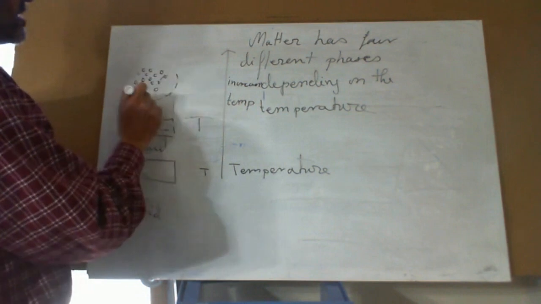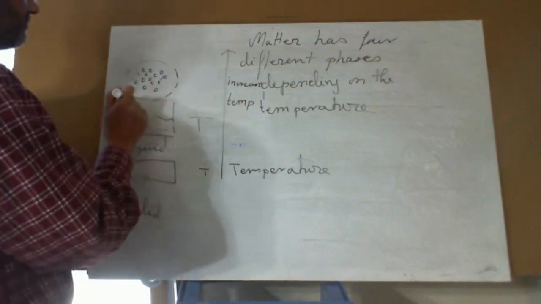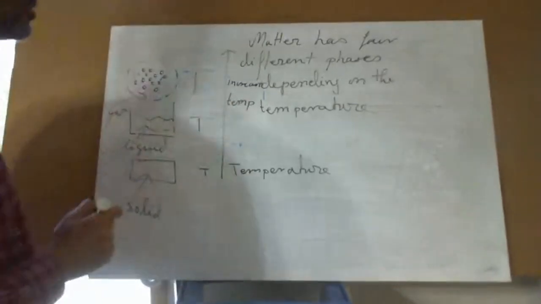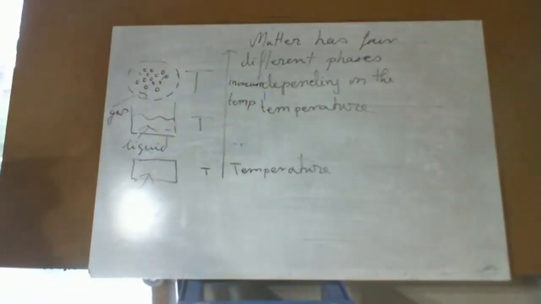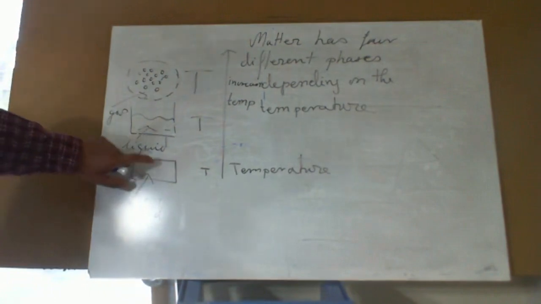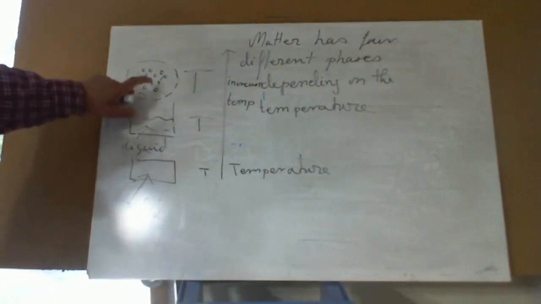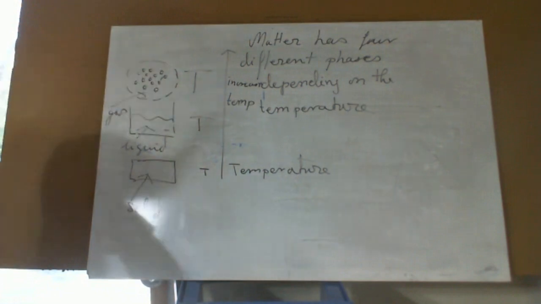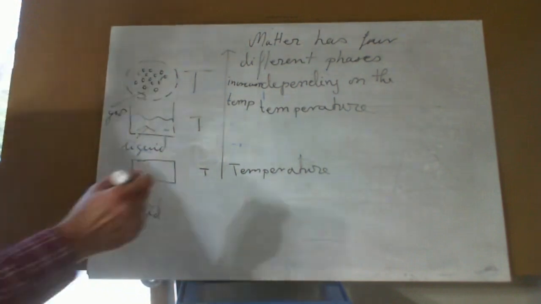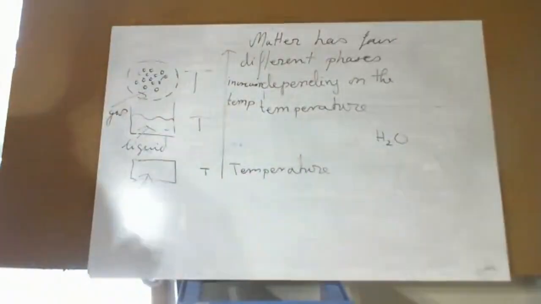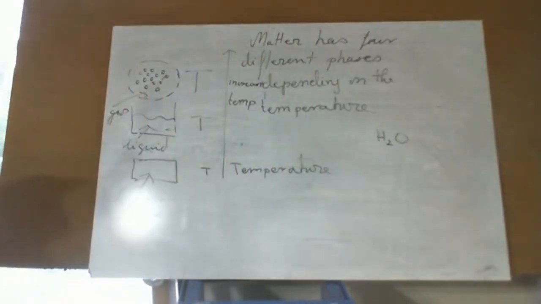So this is a gas, at a higher temperature. In the case of water, we call this ice, we call this water, and we call this steam. But they all have the same formula, H2O, 2 hydrogen atoms with 1 oxygen atom.